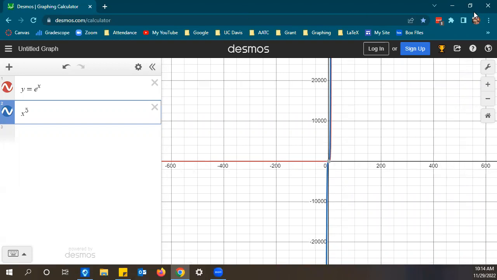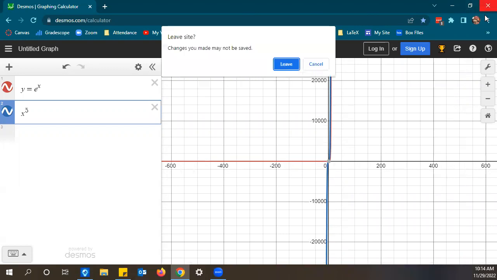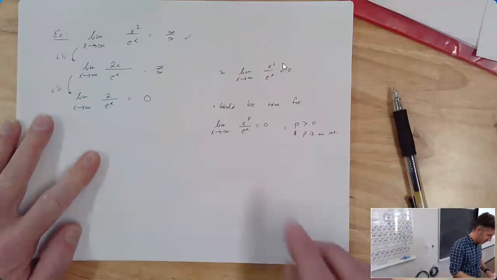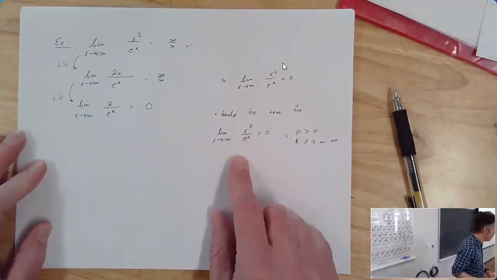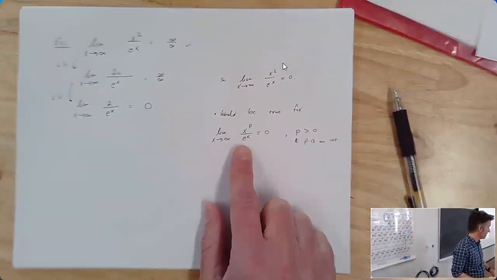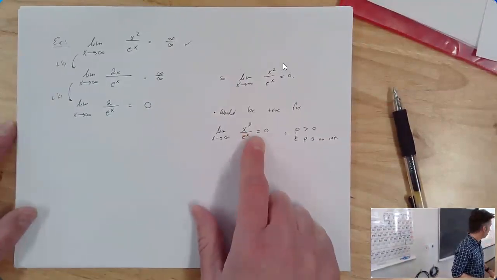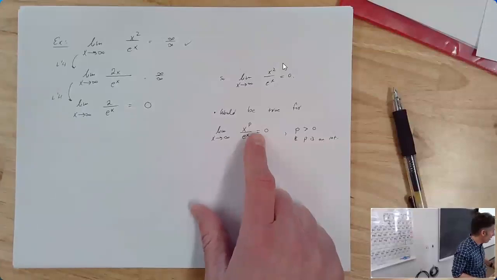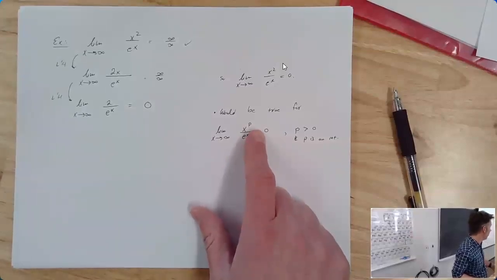And the more straightforward way of showing that is by looking at something like this and saying, if I just keep applying L'Hopital's rule, the derivative of e to the x is always e to the x. The denominator is just going to stay the same. Whereas every time you take the derivative of x to the p, the power is going to get 1 less. And eventually you're going to get to a point where you have a derivative that's just a constant term.